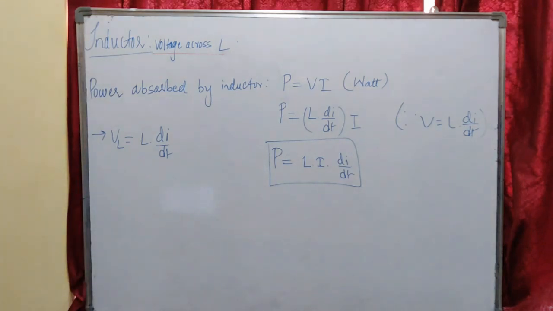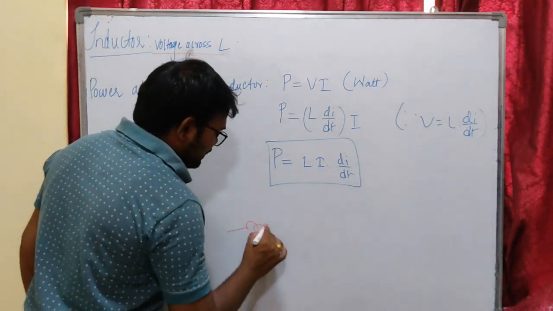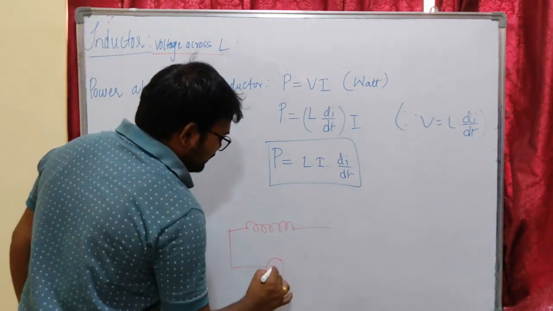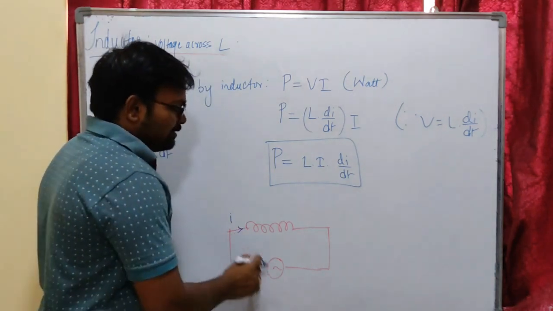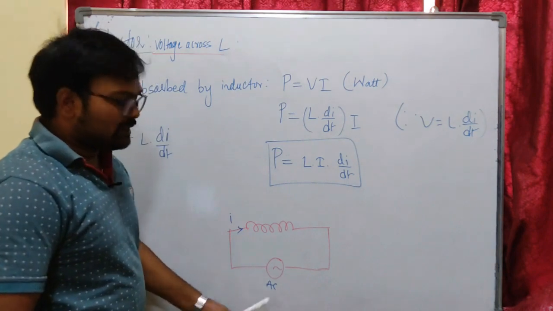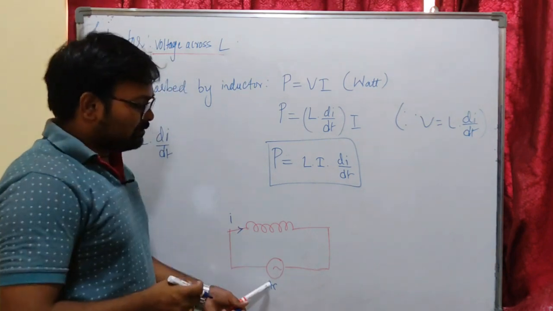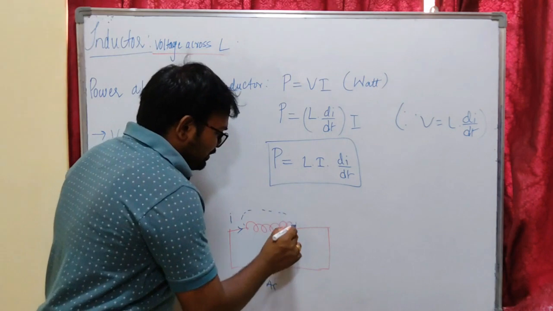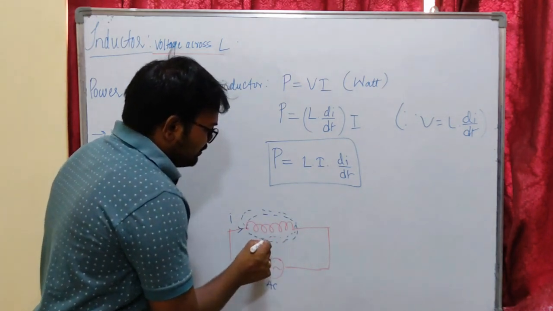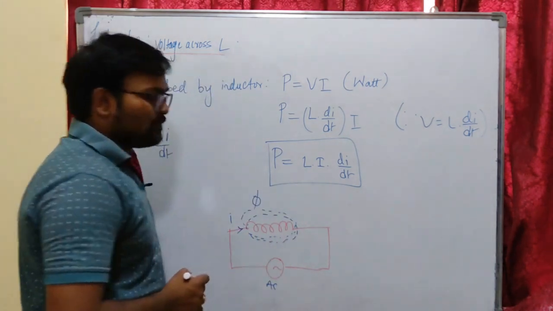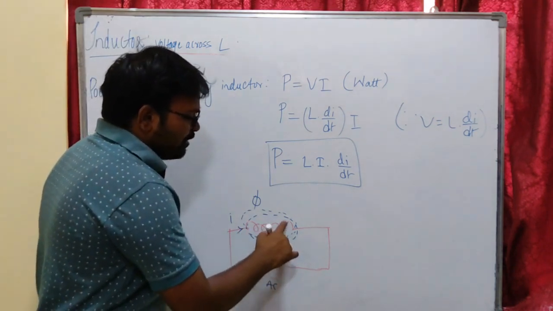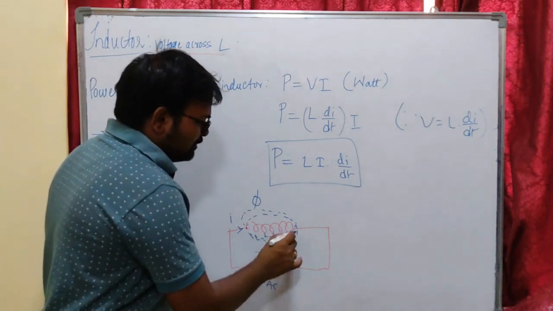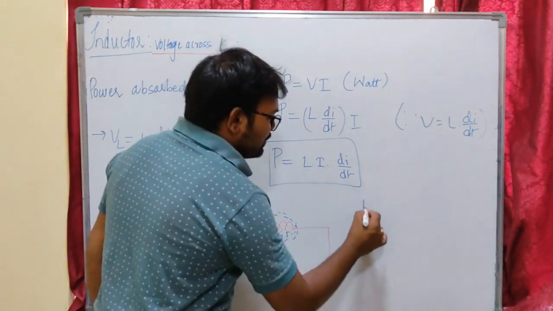Now let us see the energy stored by the inductor. I forgot to mention in the previous class that our inductor will absorb energy in the form of magnetic field. Whenever our inductor is supplied with an AC supply, AC being alternating current, the inductor will induce some flux around the coil. This flux is phi here. The coil is twisted into a number of turns: first turn, second, third, fourth, fifth, up to n turns, so the number of turns is indicated with n.